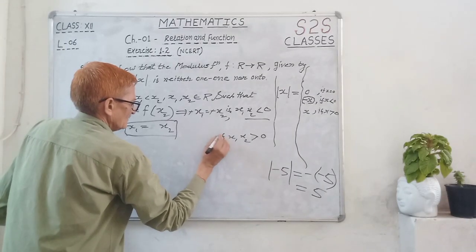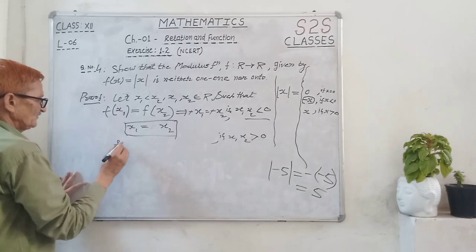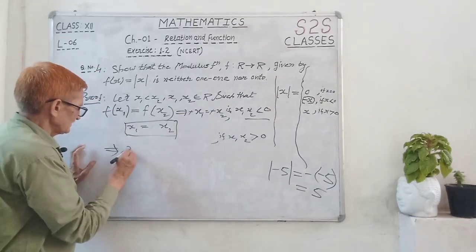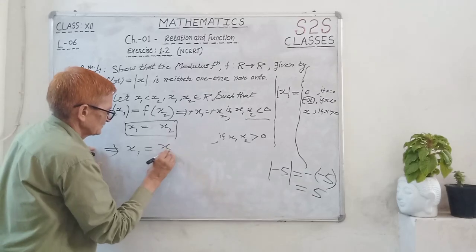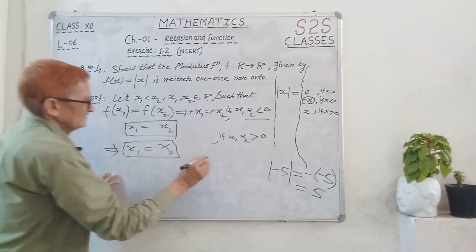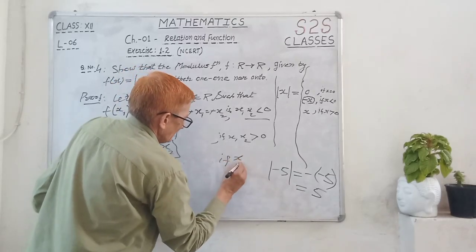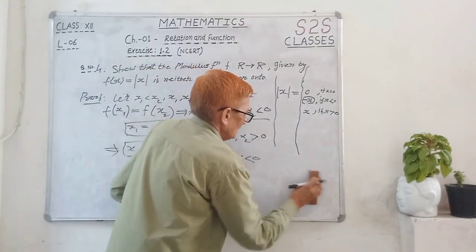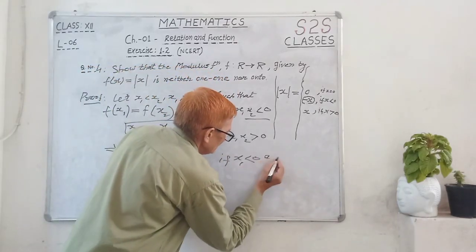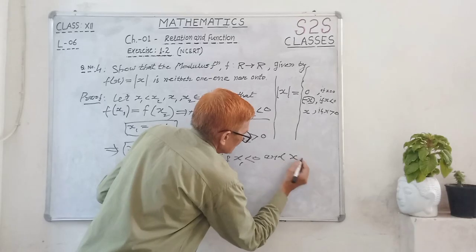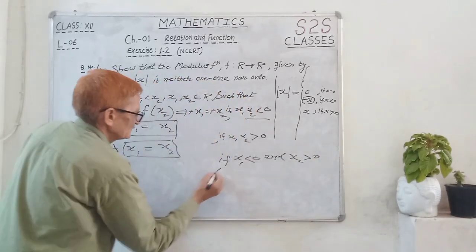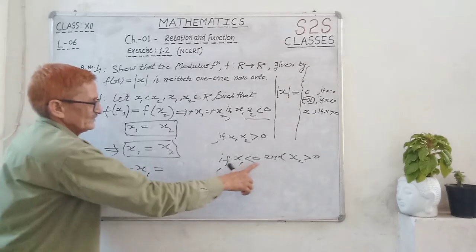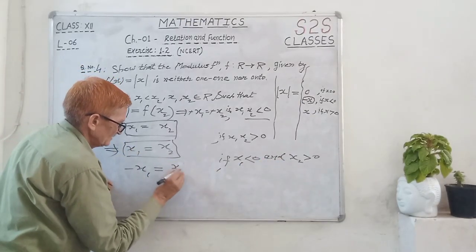In this case, what will f of x1 be? Here x1 is a positive number, so the modulus of x1 is x1, as it is equal to the modulus of x2, which is x2. Okay. Third case: if x1 is less than 0 and x2 is greater than 0, then f of x1 is minus x1, which is equal to f of x2. x2 is positive, so the modulus of a positive is positive.